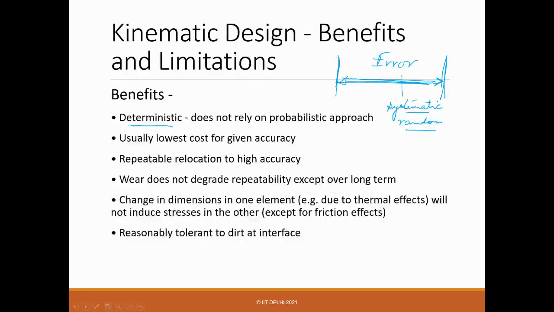So suppose one idea is you try to squeeze it, because this is what you want. Suppose you want to squeeze here, move here. The idea is not to remove the entire error and squeeze it to this region, but to remove the randomness. Because systematic error you can always compensate, and systematic is deterministic.